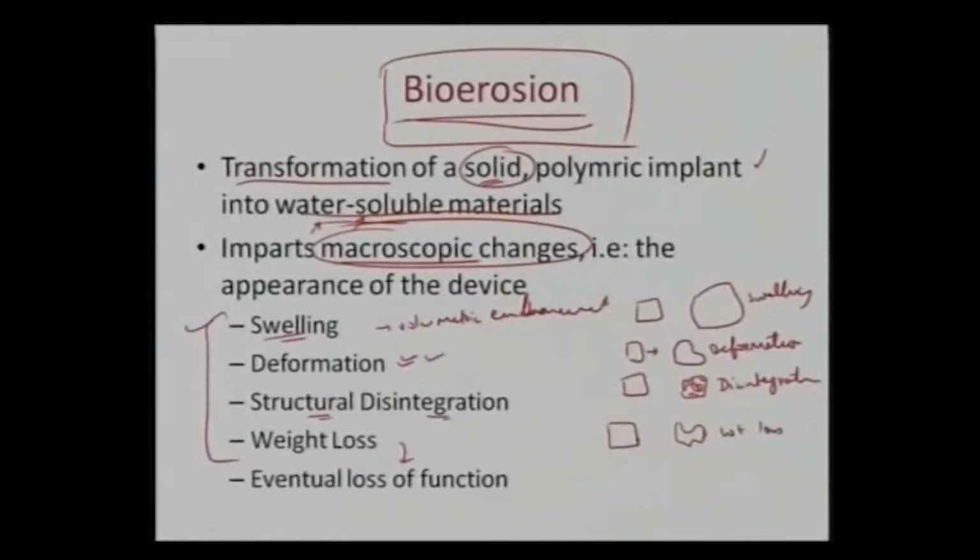That deformation can also be a result of the bioerosion. There can be structural disintegration in terms of the dissolution of a particular polymer. It might start disintegrating, and there can be a weight loss also associated with the structural disintegration, and that leads to eventual loss of the function.